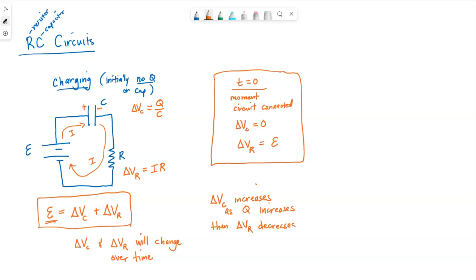So the battery will provide the same potential difference the whole time. If delta V for the capacitor, though, is increasing, then delta V for the resistor has to decrease so that they always add up to be equal to that battery voltage. This is going to happen until delta V reaches a maximum value.